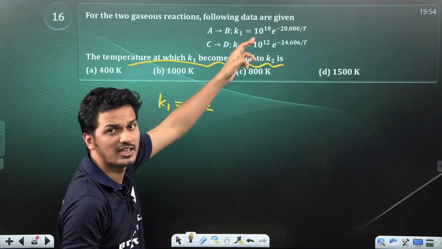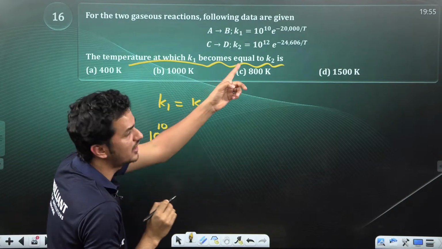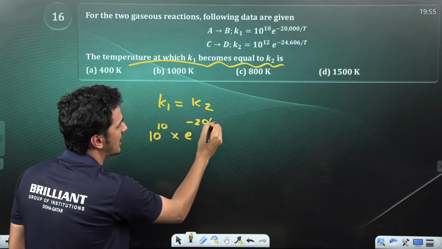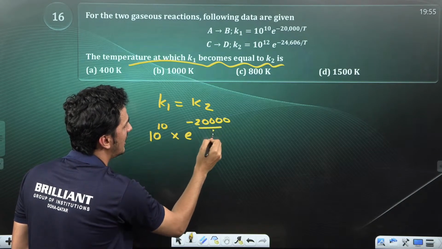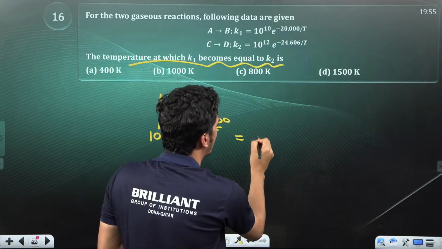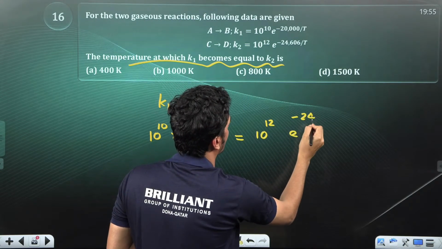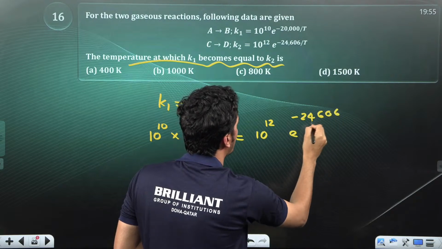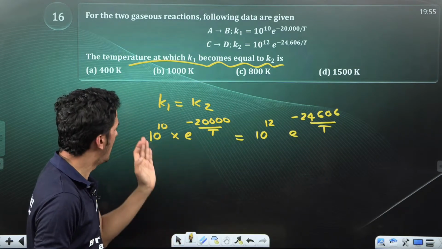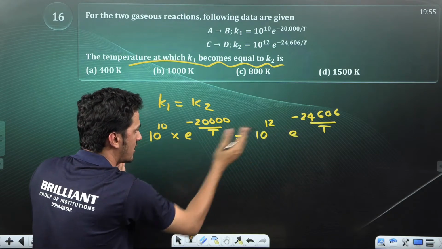What is K1? K1 is 10 raised to 10 into e raised to minus 20,000 divided by T. That will be equal to 10 raised to 12 into e raised to minus 24,606 by T. Now I am going to take the 10 to the power 10 to the right hand side, and the exponential factor to the left hand side.